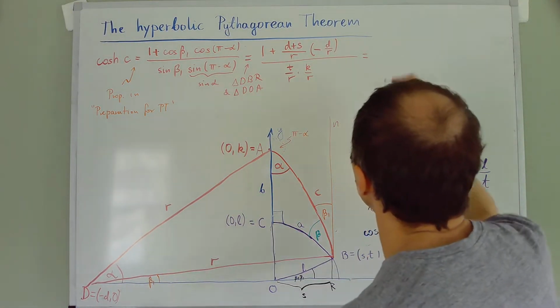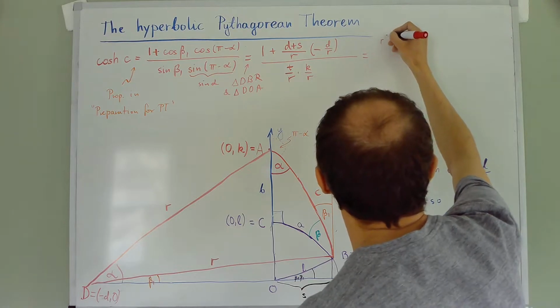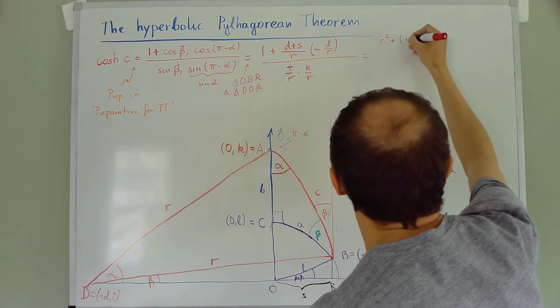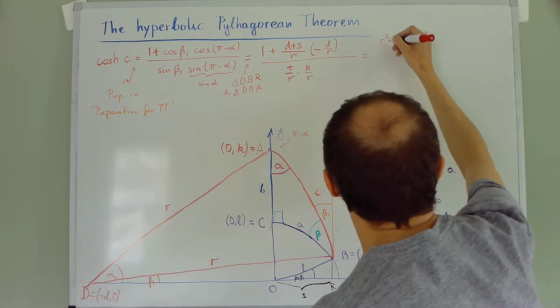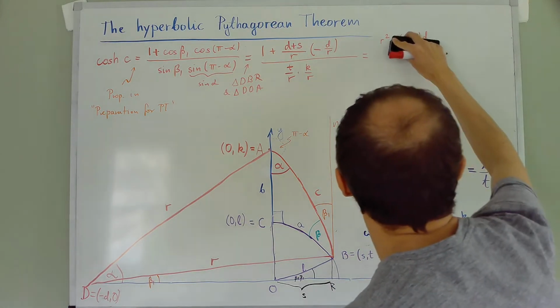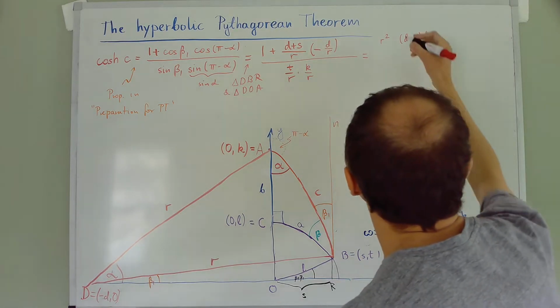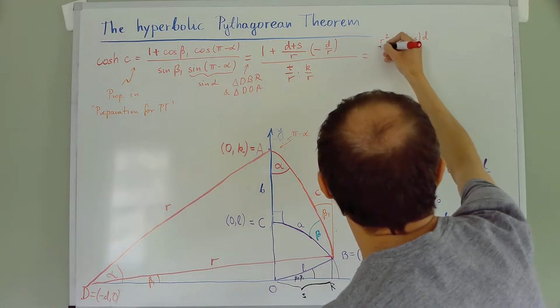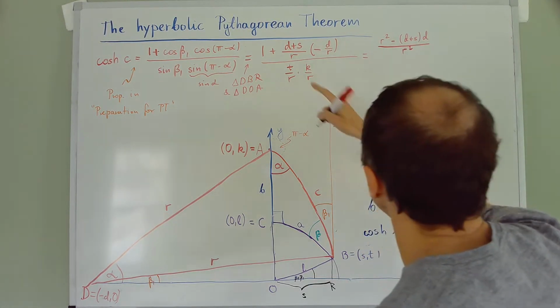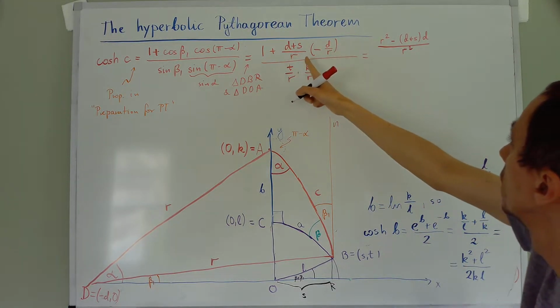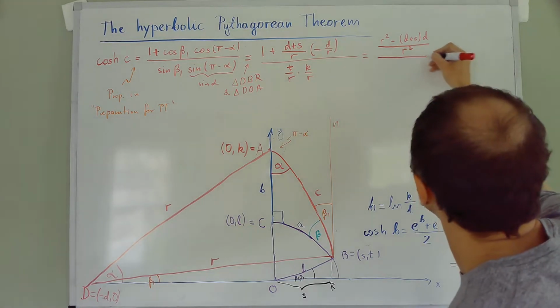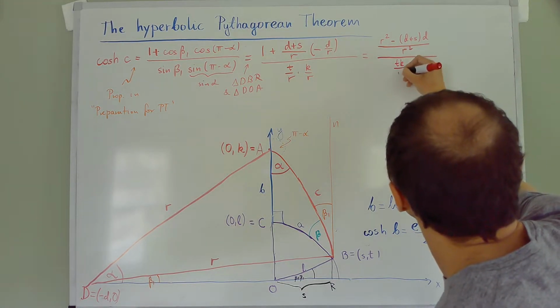All right, let's see what we get here. Common denominator R squared, so we get R squared minus, sorry, not plus, but minus, d plus s times d over r squared, right? That's the numerator, divided by tk over r squared.